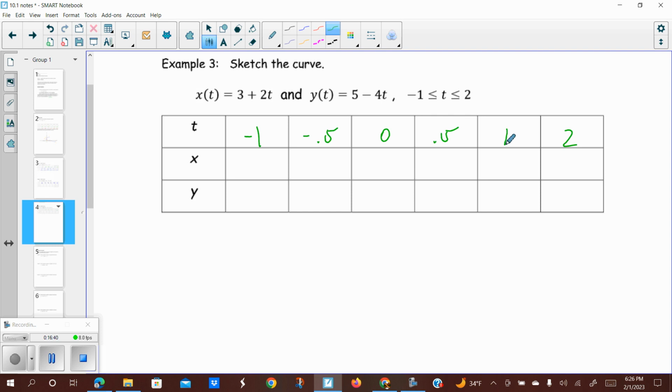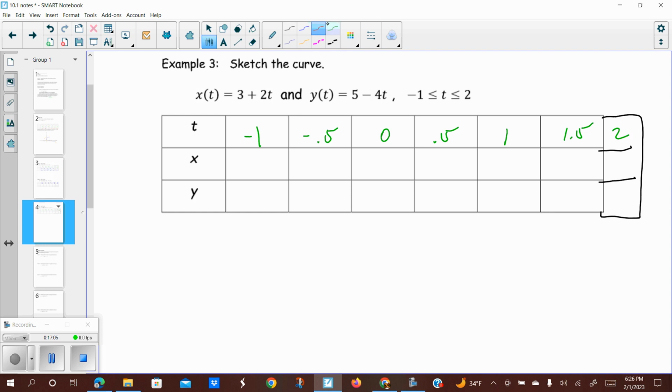Nope, that doesn't work out. Oh, it's because I'm including the -1. All right, well, let's just add a box, just to make it work out. And then that would be 2. If I didn't include one of the endpoints, this would have worked out nicer. Oh well, live and learn.